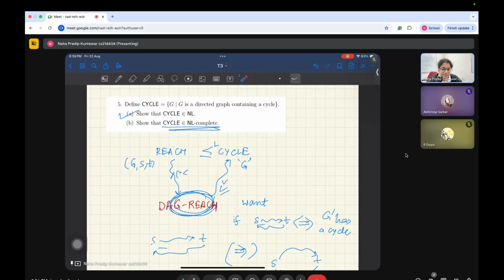The way you come to it is through this trial and error, trying out the obvious things, sometimes even guessing, just to see whether this works. Sometimes it works, sometimes it doesn't. So basically what I'm trying to say is that these reductions are not easy to come up with.